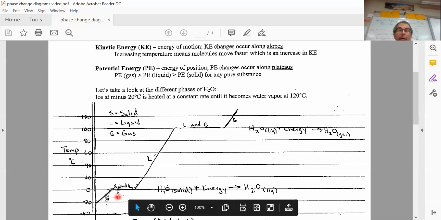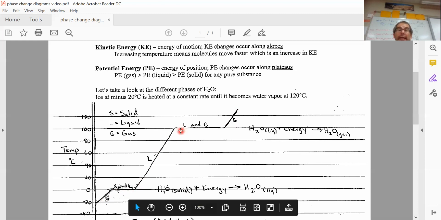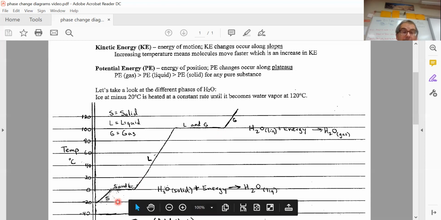The molecules are moving faster as you go up that slope. And along the plateaus, the energy is changing, but the temperature doesn't, because it's a potential energy change as you break the attractions of the solid state and go to a liquid, or as you take that liquid and separate the molecules going to a gas state. During this entire process, this system is absorbing energy.